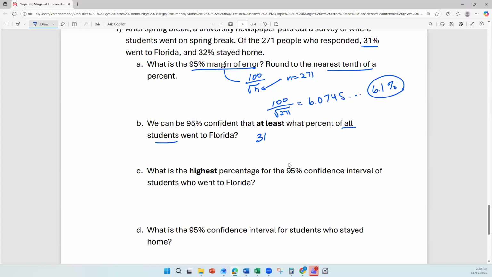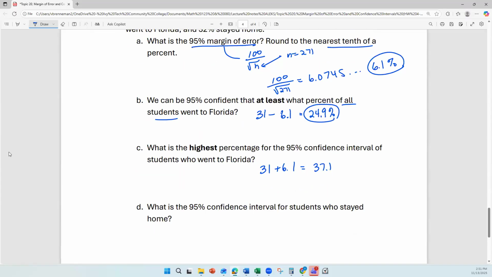So 31 minus 6.1 is 24.9. So I'm 95% confident, I'm pretty sure, at least 24.9% of all students went to Florida. The highest percentage for the 95% confidence interval would be 31 plus 6.1. So that's 37.1.